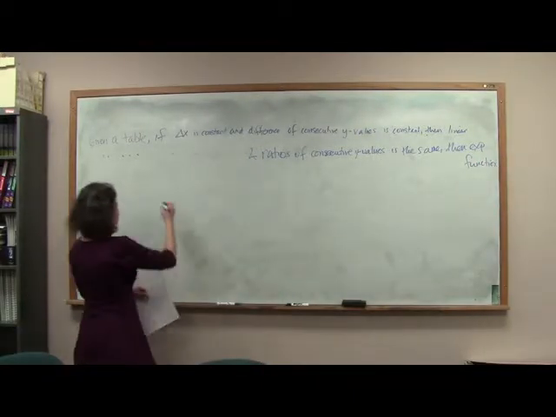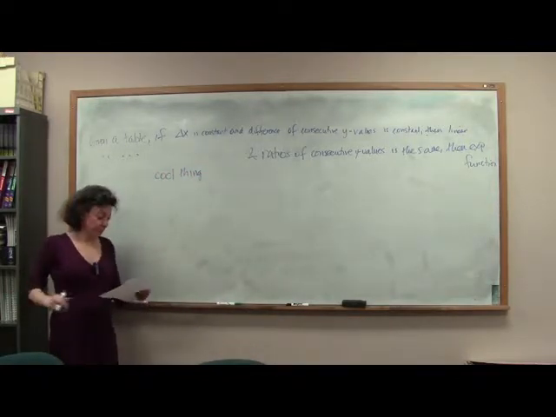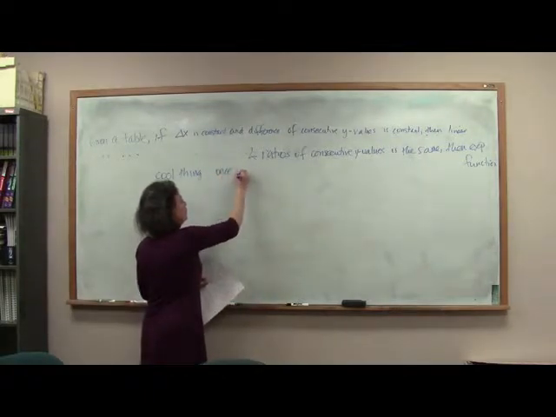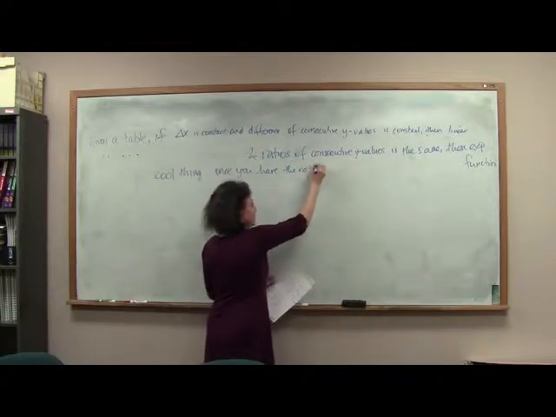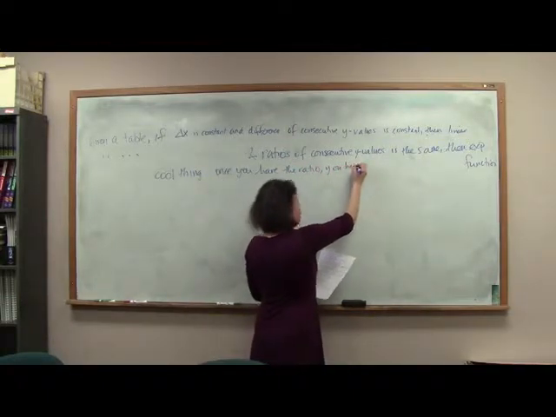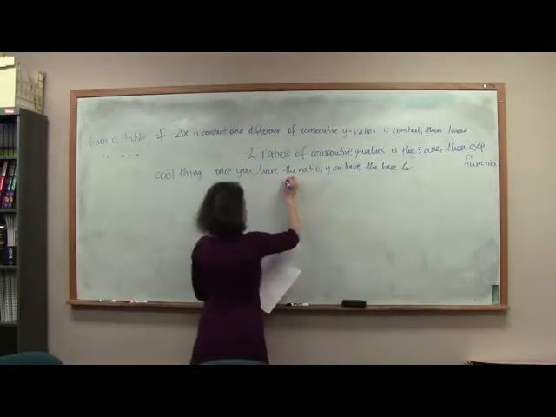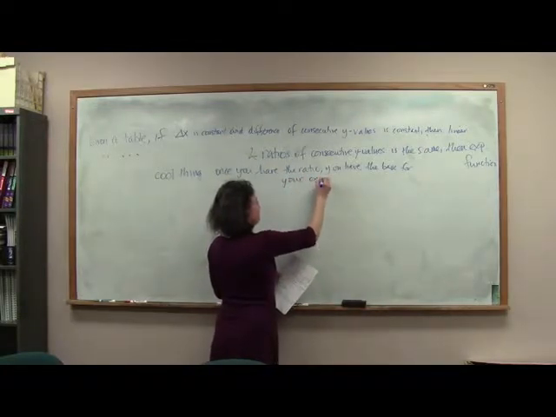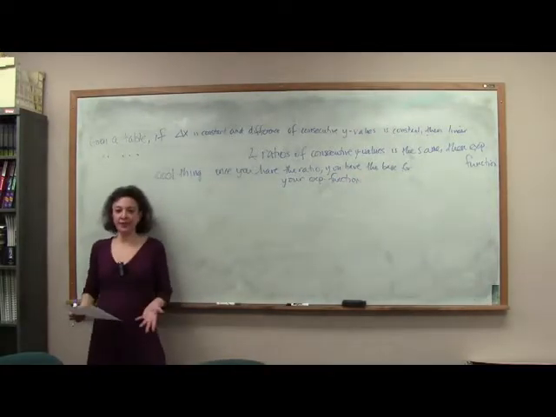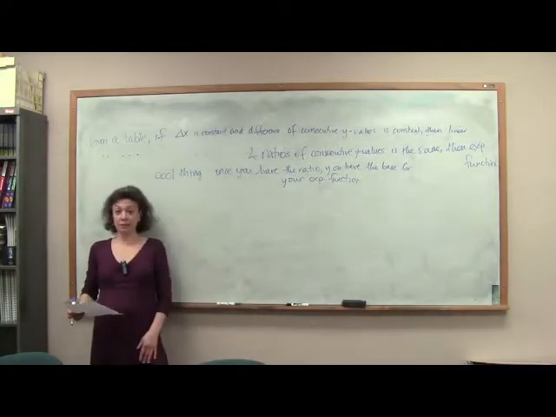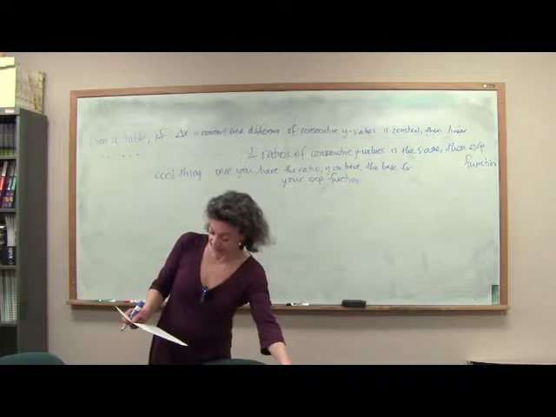Okay? And a cool thing relating to those exponential functions is once you have the ratio, you have the base for your exponential function. Okay, so in that previous example, we got that base of 1.2. That gave us essentially our b value, and we saw that it was growing by 20%.